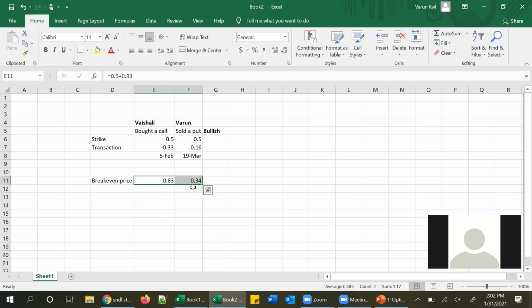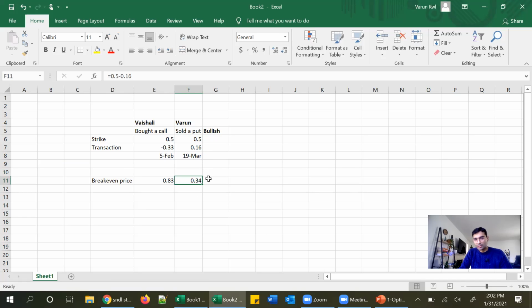So what does that 0.34 mean? 0.83 is for Vaishali, if the stock goes above. If the stock comes below 0.34, then you make money? No, both of us are bullish. We both want the stock to go high, but my break-even price is 0.34. If the stock remains above 0.34 on the 19th of March, I am going to make money.